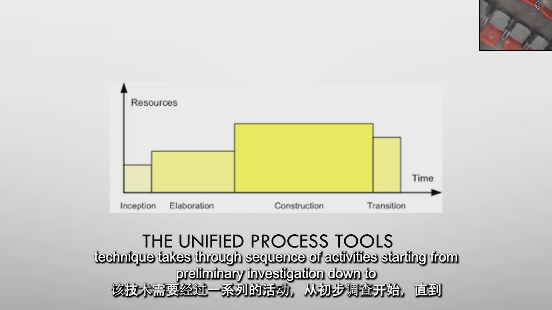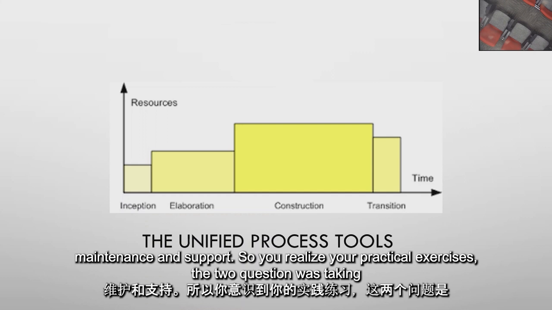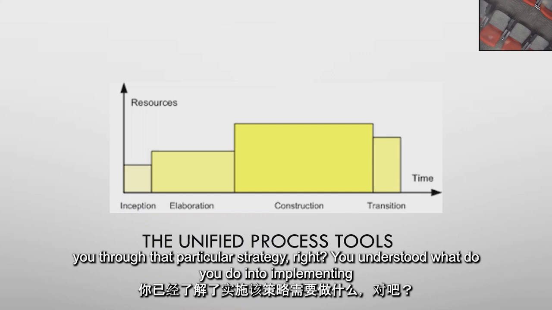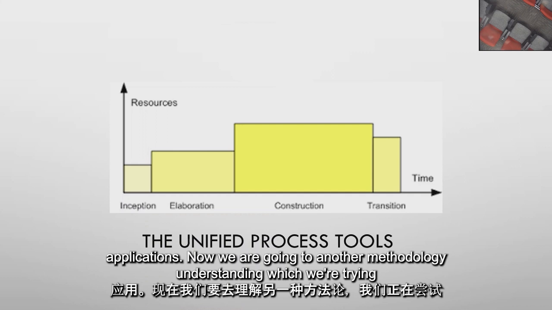The waterfall modeling technique takes us through a sequence of activities starting from preliminary investigation down to maintenance and support. So you realize your practical exercises, the 2 questions, were taking you through that particular strategy, right? You understood what you do in implementing applications.